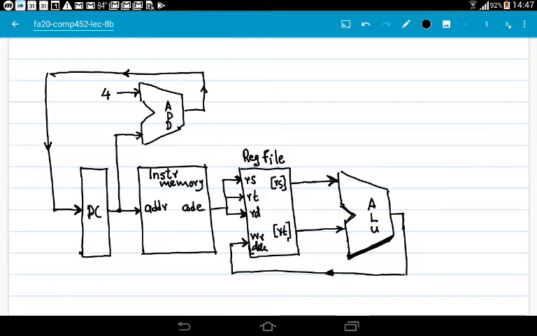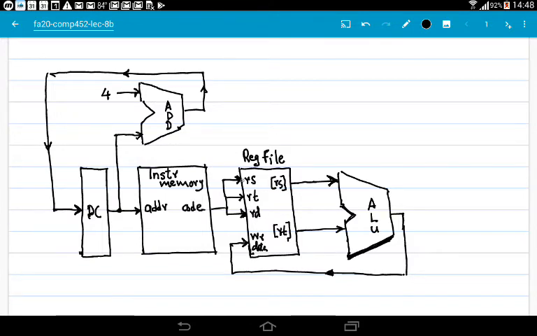These R-type instructions have two register values that are operands or inputs to the ALU, and the result produced by the ALU goes to the destination register, which is specified by its number in the RD input of the register file.